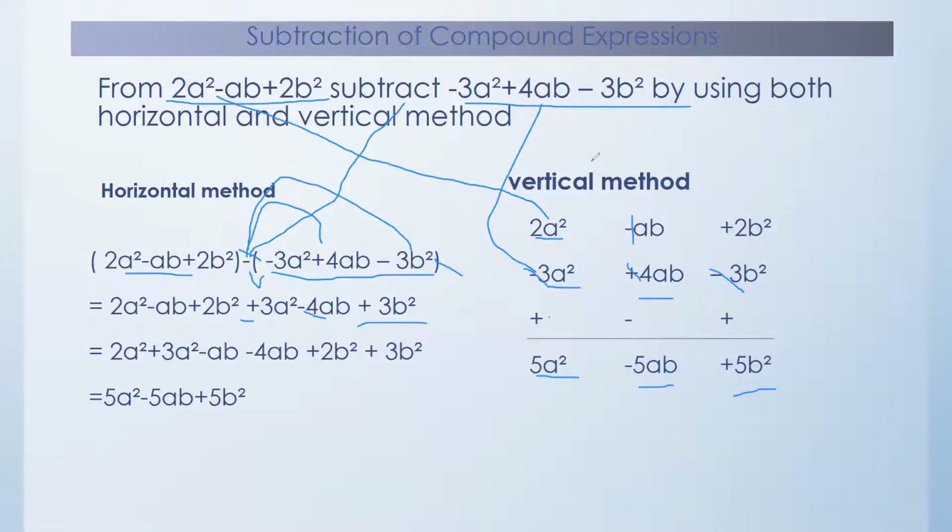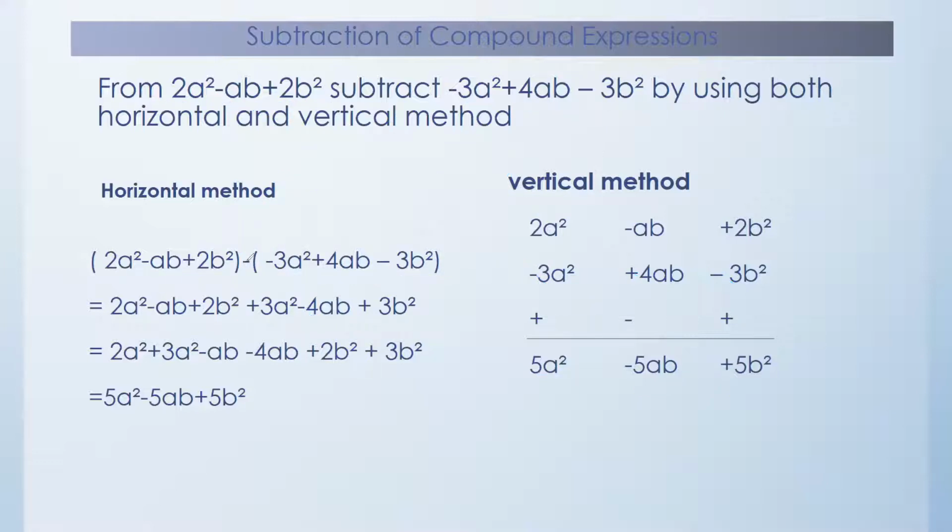Beta, this minus sign is going to be multiplied with the whole second expression. This minus minus becomes plus, right? This minus plus becomes minus, and then minus minus becomes plus. This minus sign is not going to be multiplied only with this sign.